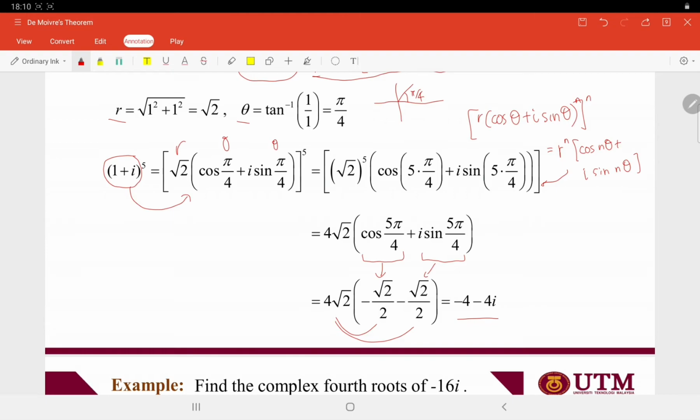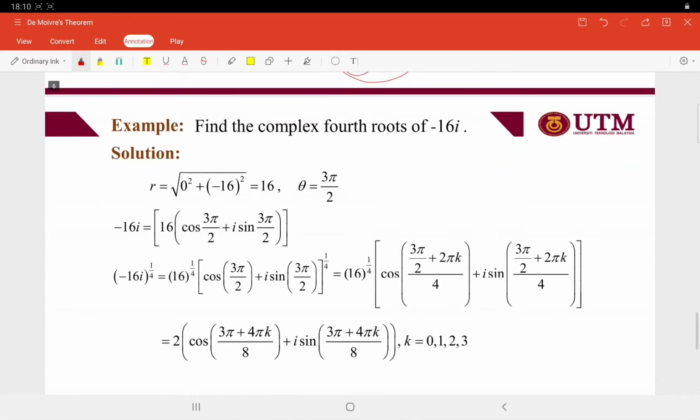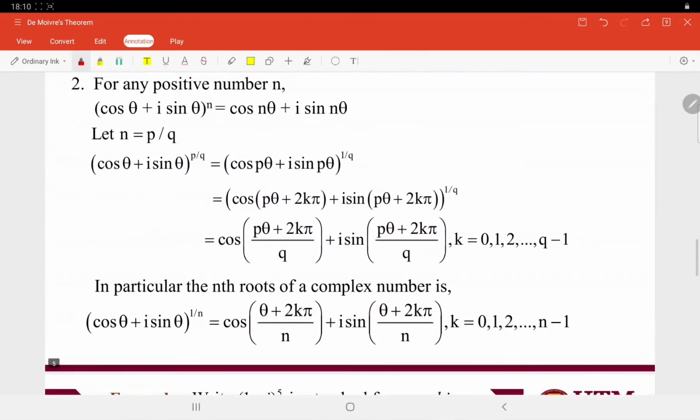Okay, now we proceed with finding the fourth roots of negative 16i. So for this case, we will use the formula of this problem: cos of (theta plus 2k pi) over n plus i sin of (theta plus 2k pi) over n.